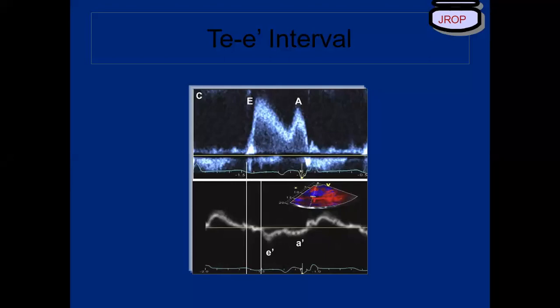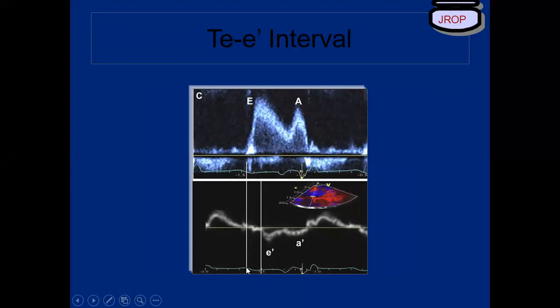Give me a second. Somebody was asking me how to evaluate mitral stenosis, the diastolic flow patterns. What we do in mitral stenosis is we look at the mitral flow pattern, then we look at the tissue Doppler pattern at the mitral annulus, and we look at the end of the T wave to opening of the mitral valve.